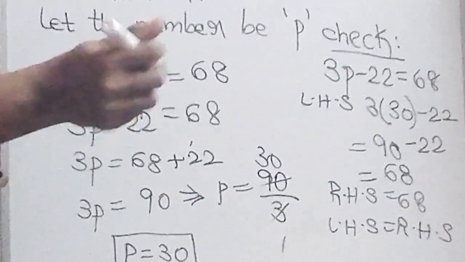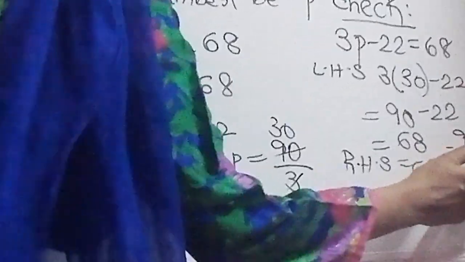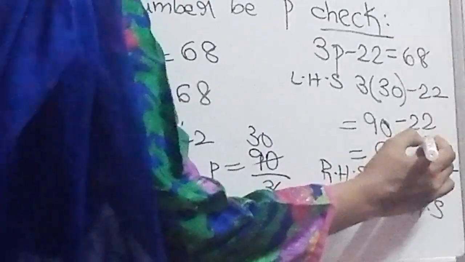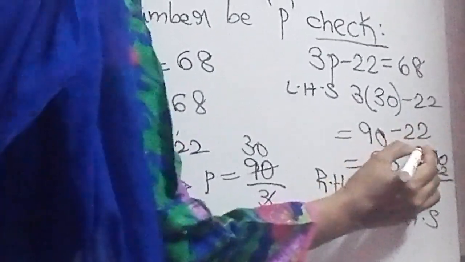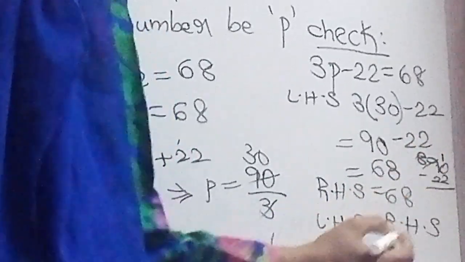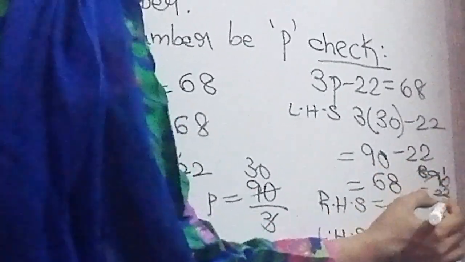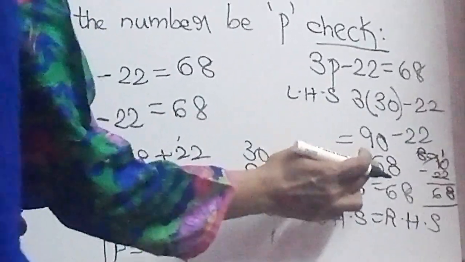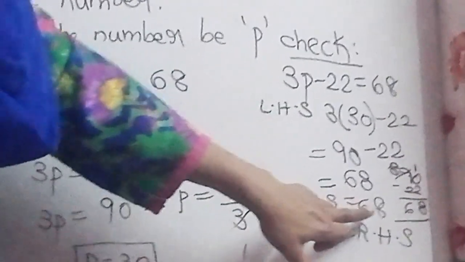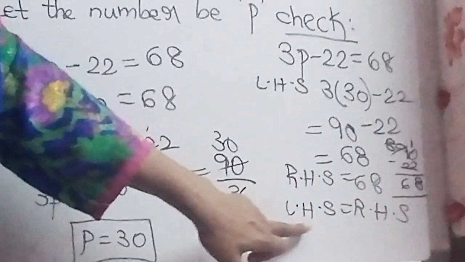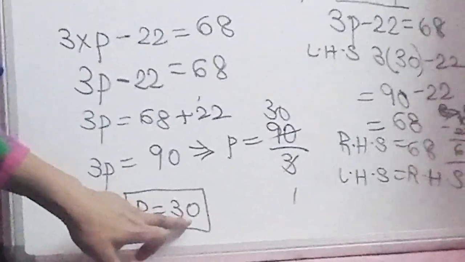Now subtract these two. 90 minus 22. This becomes 10 minus 2 is 8, 8 minus 2 is 6. So LHS came as 68 and RHS is 68, which is already given. So LHS is equal to RHS. So the answer for P is equal to 30.